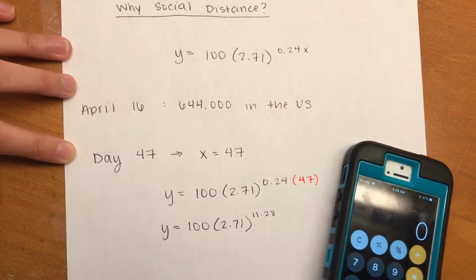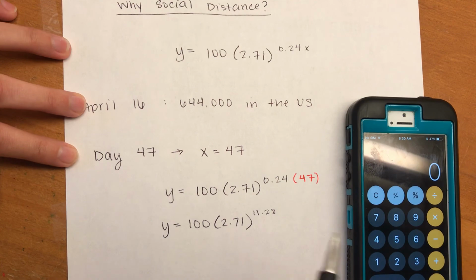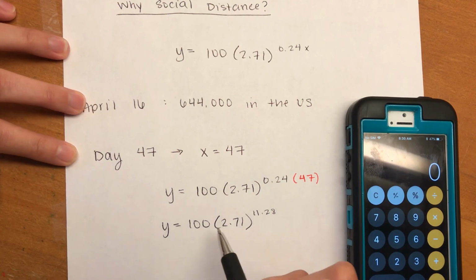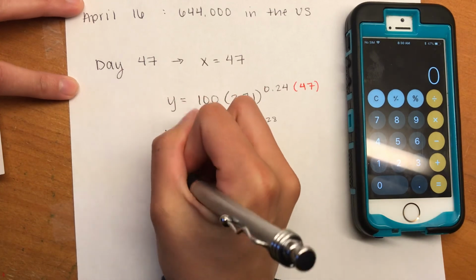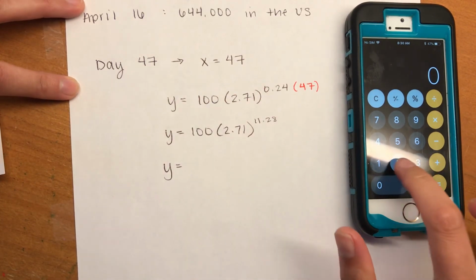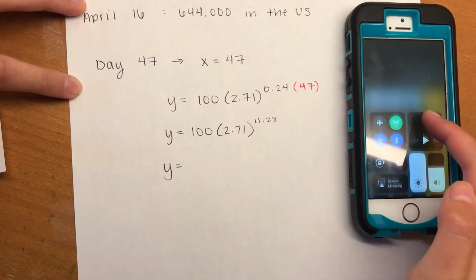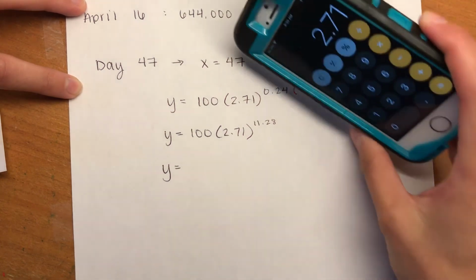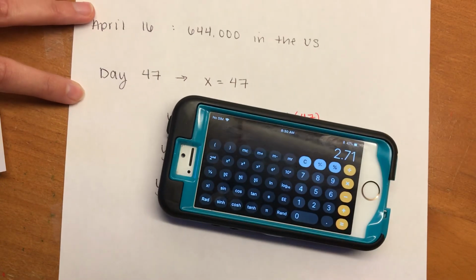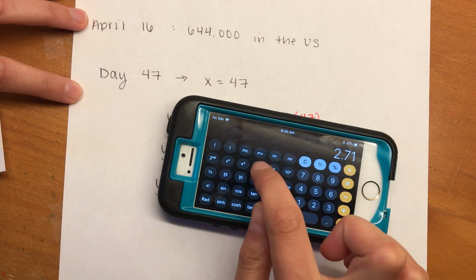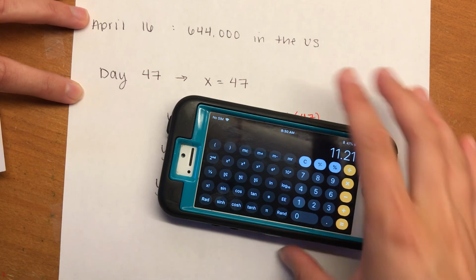Okay, now order of operations, PEMDAS, I'm going to do exponents before multiplication. So my next step is y equals, I'm going to do 2.71 to the 11.28. So I got to make sure my screen lock's not on. And in order to do my exponent, I flip my calculator and do the x to the y button, and it's 11.21, is that right?